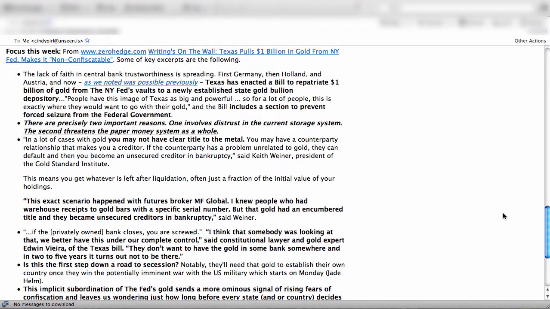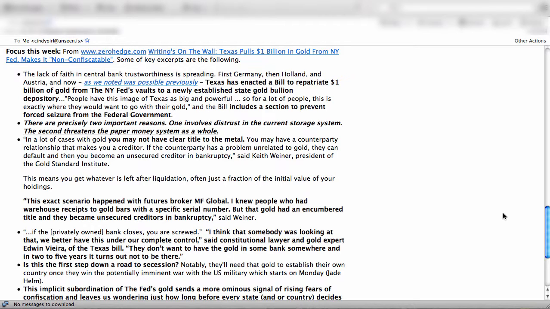There are precisely two important reasons. One involves distrust in the current storage system. The second threatens the paper money system as a whole. In a lot of cases with gold, you may not have clear title to the metal. You may have a counterparty relationship that makes you a creditor.